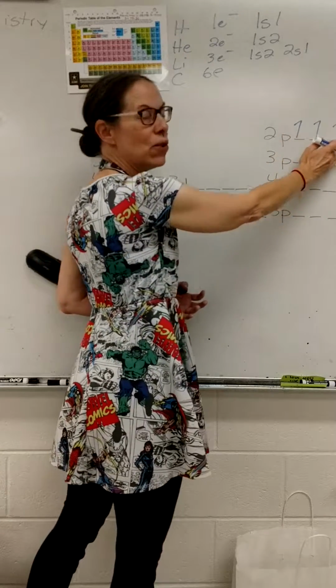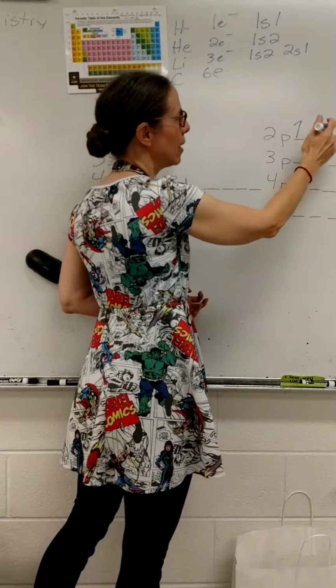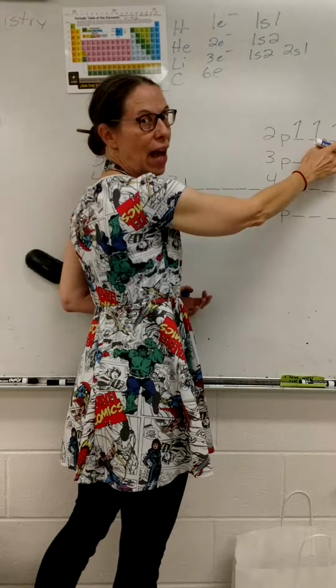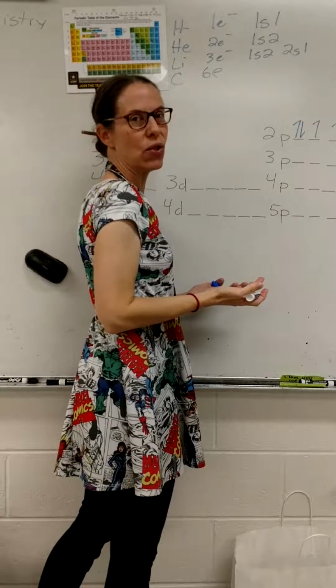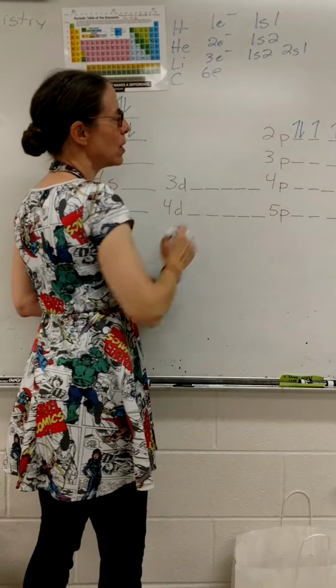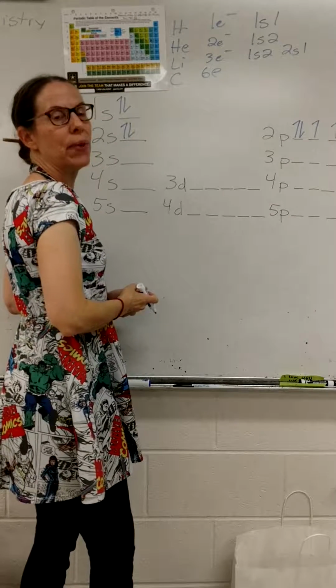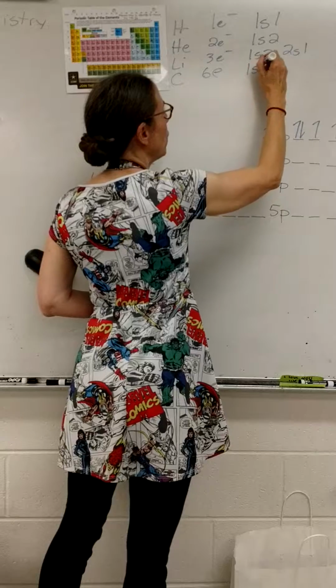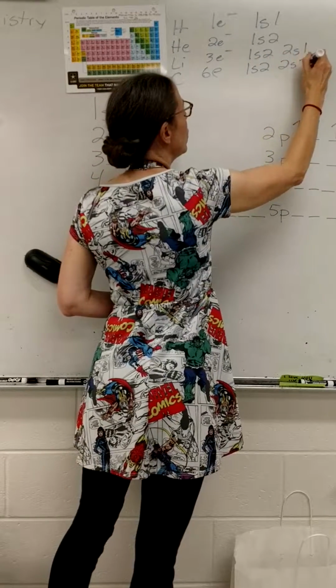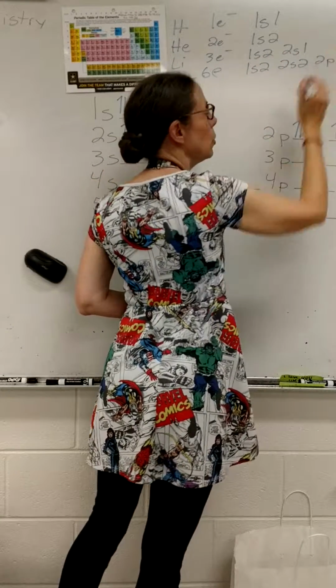If there's an empty bench, the electrons will usually fill that. And then once all the benches have somebody, the next person or the next electron will choose to share. So this is the orbital diagram for carbon. And if I write down the electron configuration for carbon, I write 1s2, 2s2, 2p2.